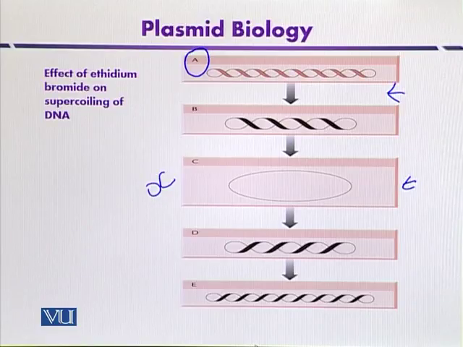And if the intercalation of ethidium bromide keeps on going, then the rewinding of the DNA will start in the step D, but now in the opposite direction.